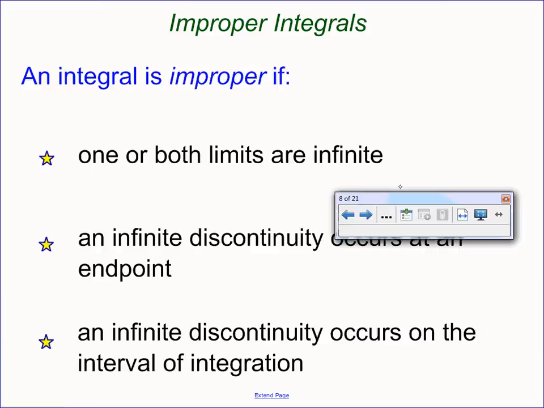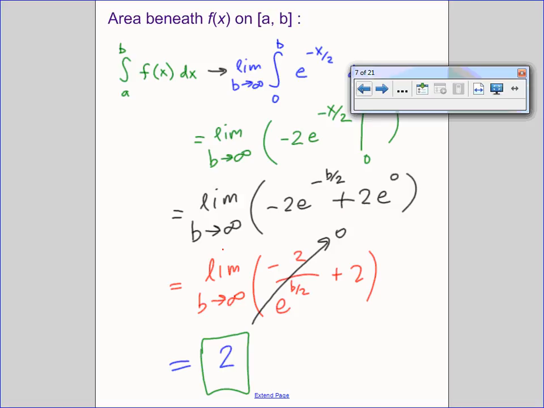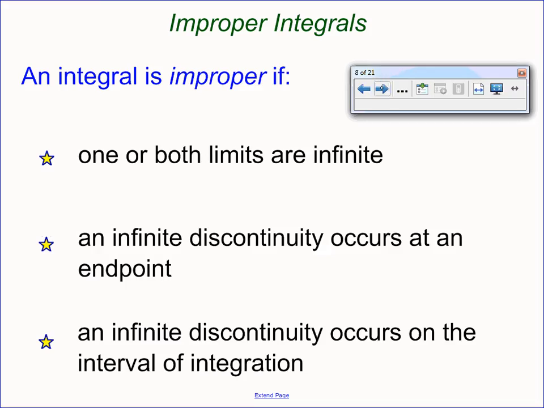All right, so here we've got some notes. Our improper integrals: an integral is said to be improper if one or both of the limits are infinite. We saw in our first one that the b was going to infinity, so we were trying to figure out the limit from 0 to infinity. So we set up a limit. One of my limits was infinite.